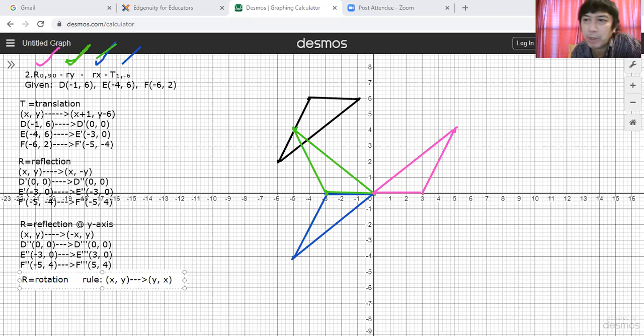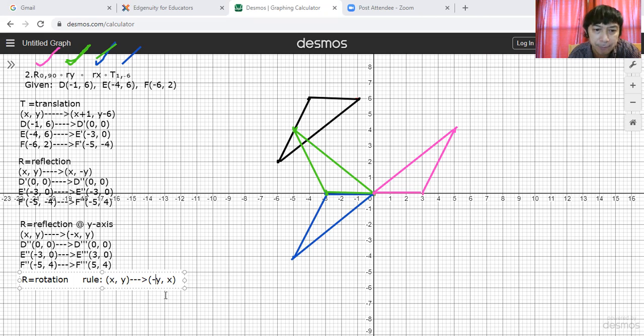And then we're doing a positive 90. That means the position for the x will have a negative. That's the rule for rotation 90 degrees counterclockwise. Remember the rule, x, y will become negative y comma x.